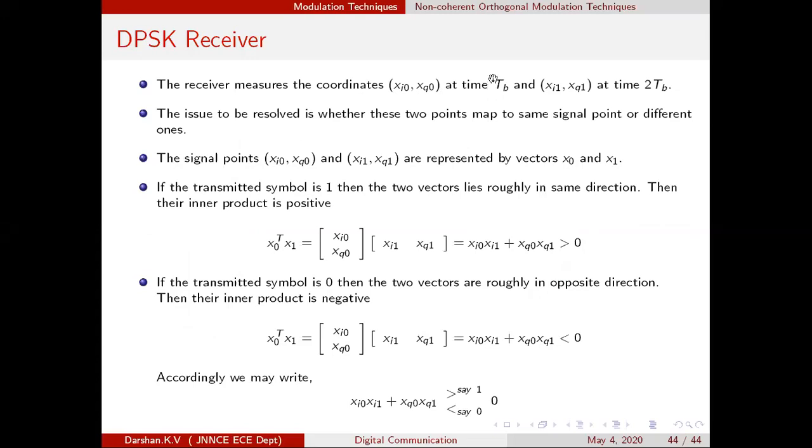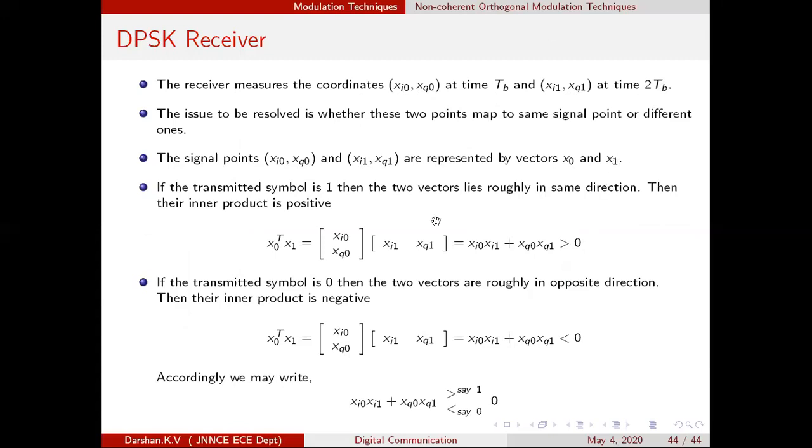Now you will convert the signal into points. How will you convert? You have to take two durations, 0 to TB and TB to 2TB. 0 to TB is represented as xi0 and xq0. TB to 2TB is represented as xi1 and xq1. So xi0 and xq0 are represented by the vector x0, and xi1 and xq1 by the vector x1.